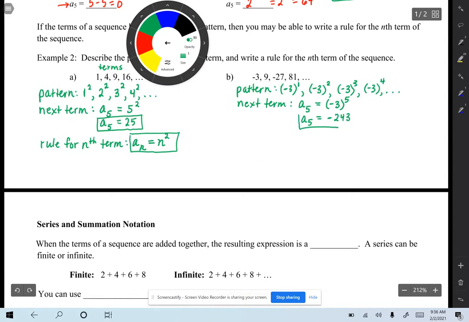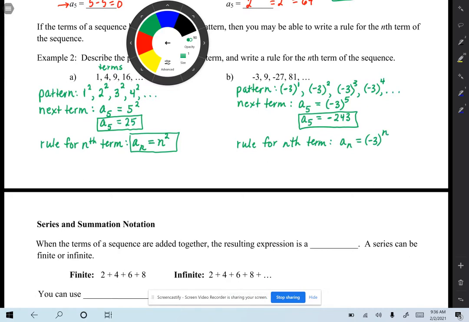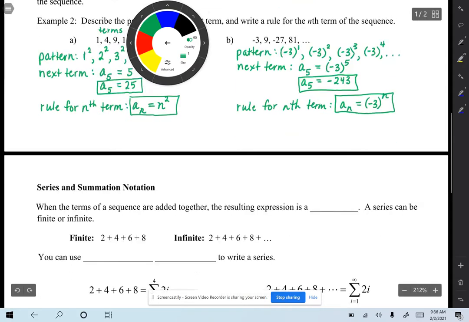So that's what the fifth term is. Okay, and the rule for the nth term: the nth term is equal to -3 raised to the nth power, because whatever that value would be, so that changes. It's the exponent.